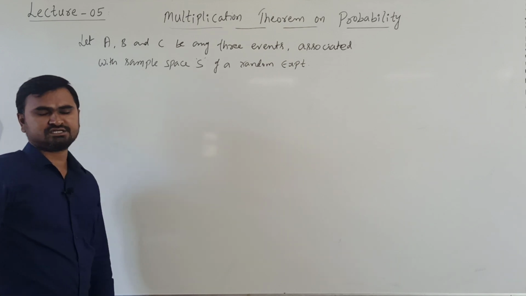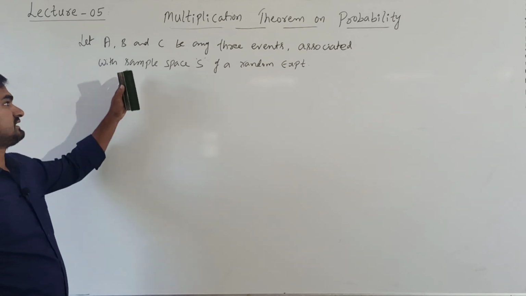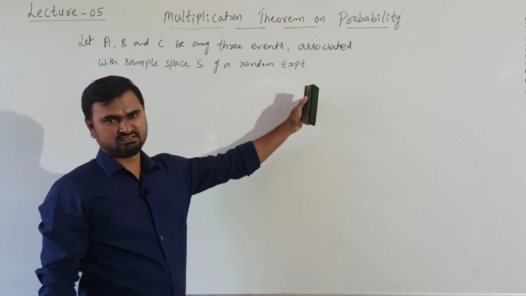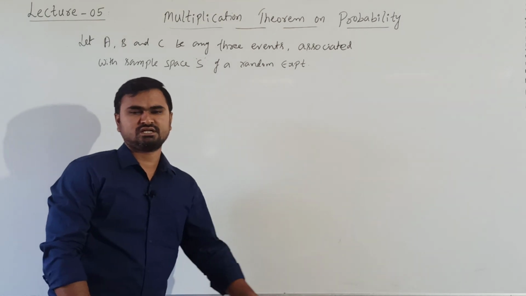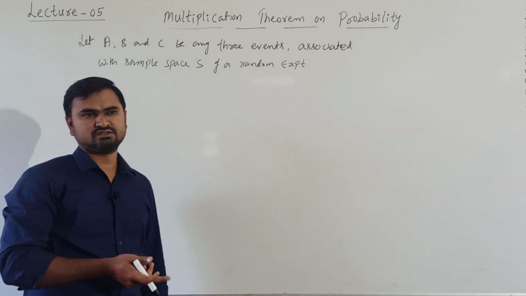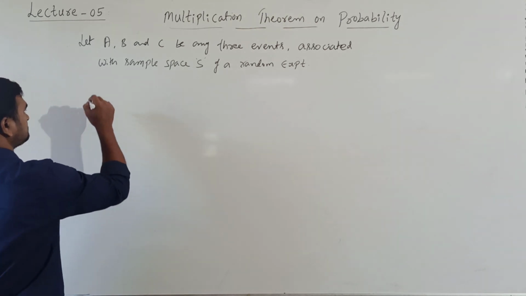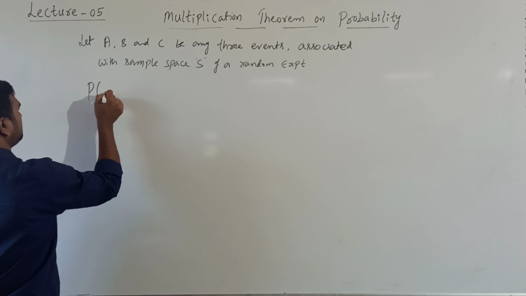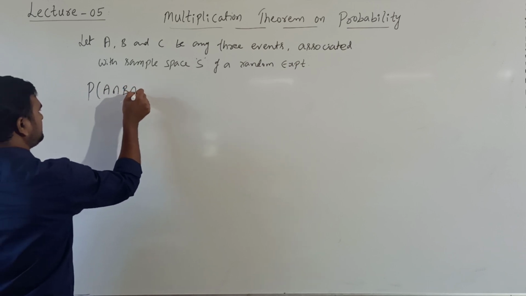So we are interested in finding the simultaneous occurrence of all the three events. Simultaneous occurrence of all the three events means A should happen, B should occur and also C should occur. So probability of A intersection B intersection C.